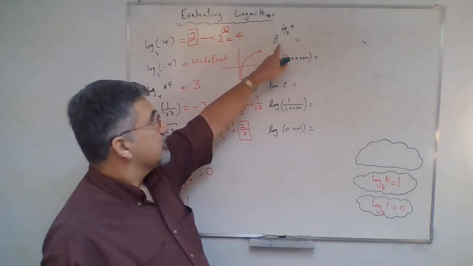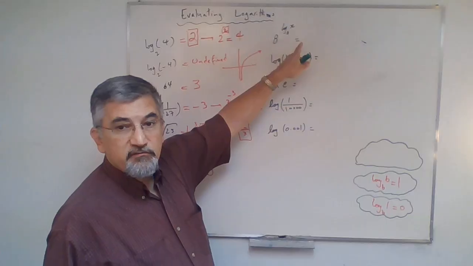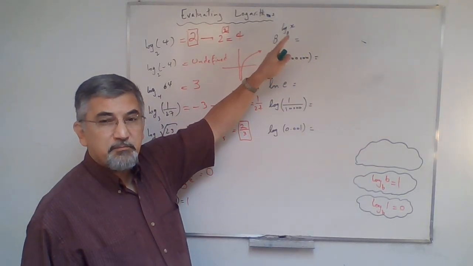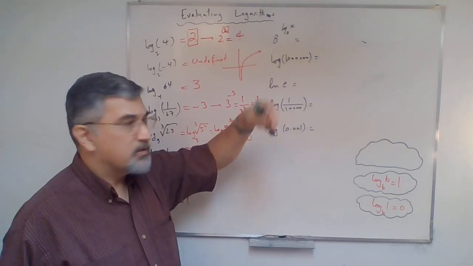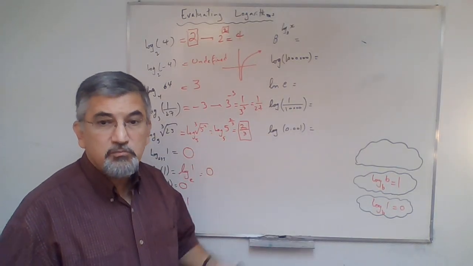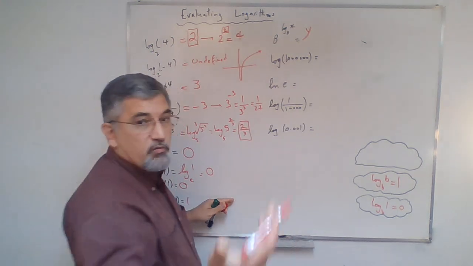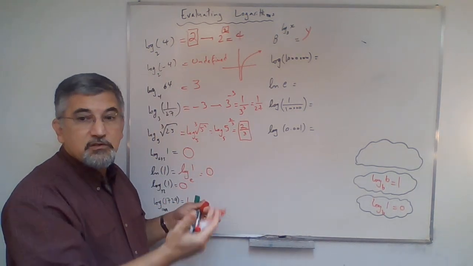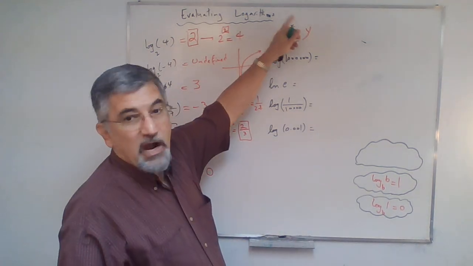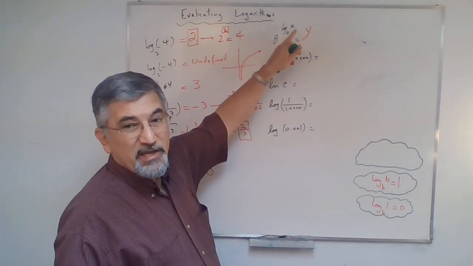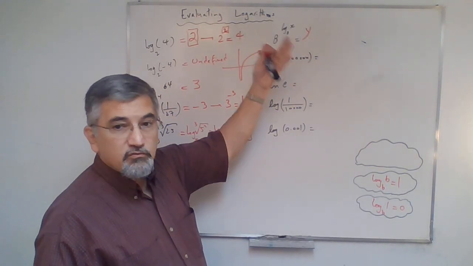I continue. 8 raised to the exponent of log of x base 8. Well, the exponent happens to be a logarithm itself, so I don't know what the answer is. So I'm going to call it y. I'm going to say this power, with the base of 8 and exponent of log x base 8, is equal to y.